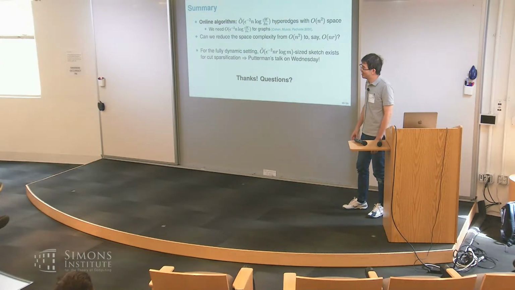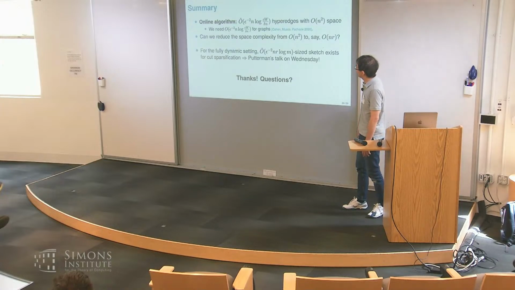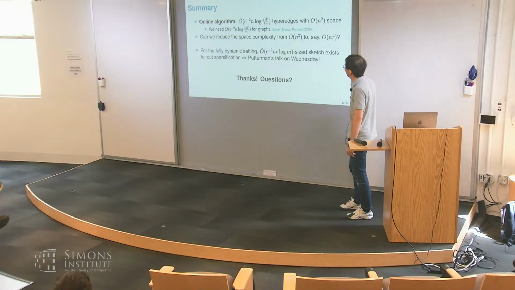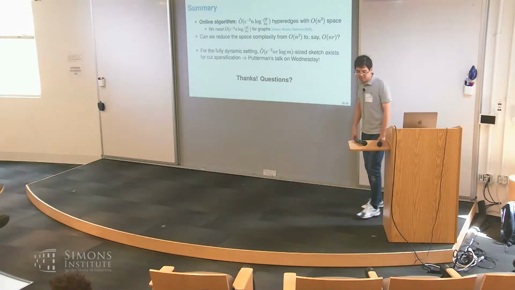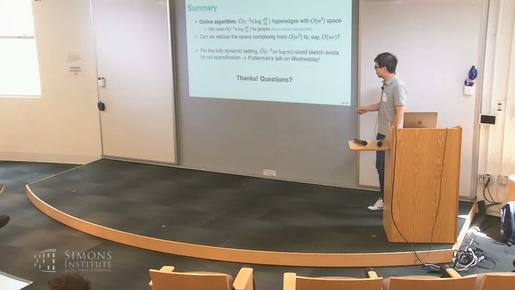Can you get rid of the dependence on delta by any chance? I mean, is it possible to get pure epsilon spectral sparsifiers without delta at all? So basically you don't like the additive error.